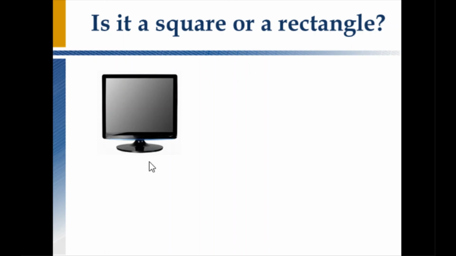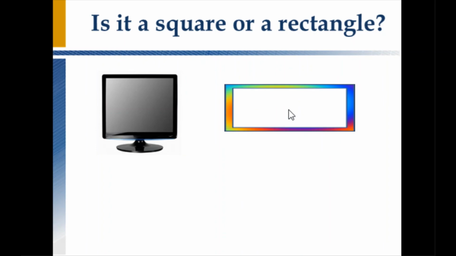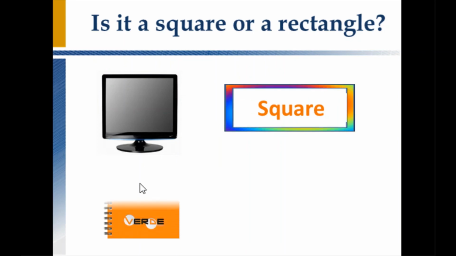Is a television shaped like a square or a rectangle? Very well done. It's a square. As you can see, the sides of this television are the same and equal. Good job.